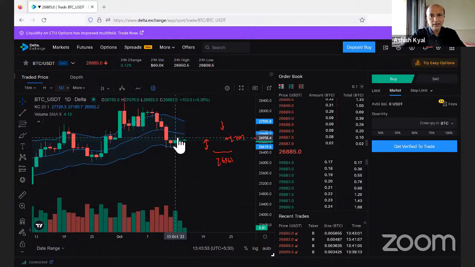So I think a better trading strategy as of now, looking at the candlestick profiling and looking at the overall Keltner channel, 27,076 अगर ब्रेक कर रहा है तो यार पुट राइट कर सकते हैं, और मे बी वी कैन स्टार्ट बाइंग कॉल ऑप्शन.